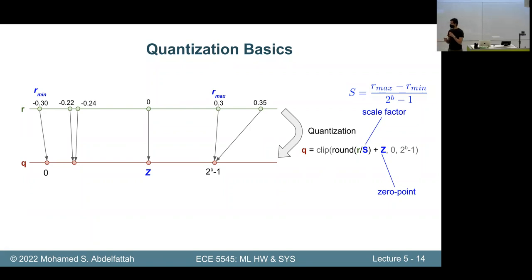In this case, that's what I chose. You can't infer it 100% from this diagram, but that's actually what I chose it to be. So now I've taken this number, I'm rounding it down so it's 127, and I'm adding the 0 point, which is another 127. So my result is 255. So the 0.3, according to the scale factor computed by this, and the 0 point chosen as the value 127, I can map down to 255 here if this is 8-bit quantization.